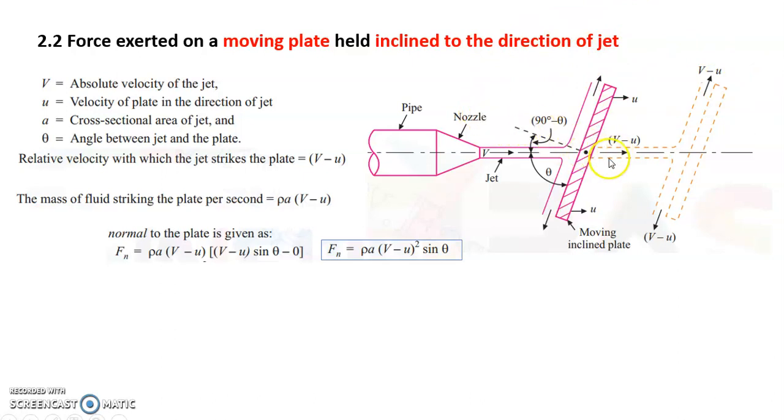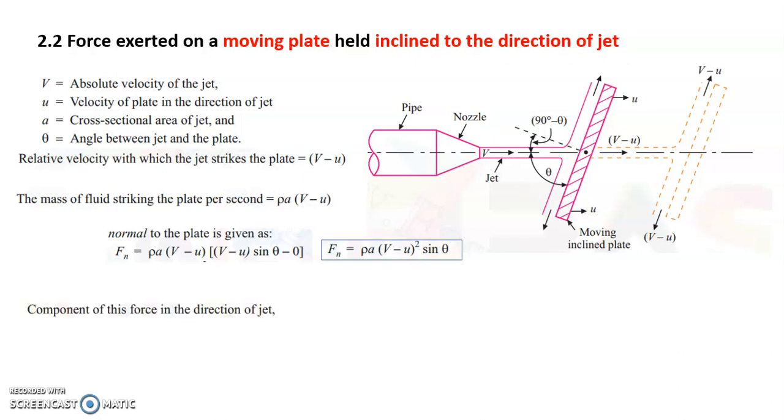There is no relative velocity or absolute velocity after striking. We have one velocity component here, but that is not in the direction of the normal plane, so it is 0. So Fn is rho into a into (v minus u) whole square sine theta. If you remember, in the stationary case, Fn was equal to rho into a into v square sine theta.